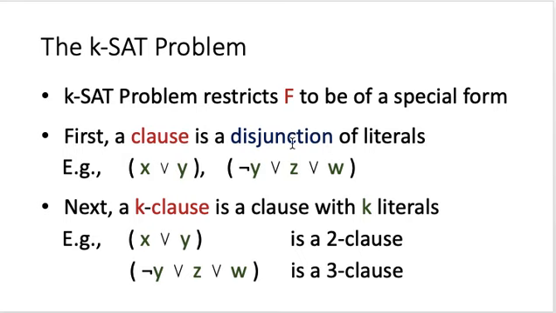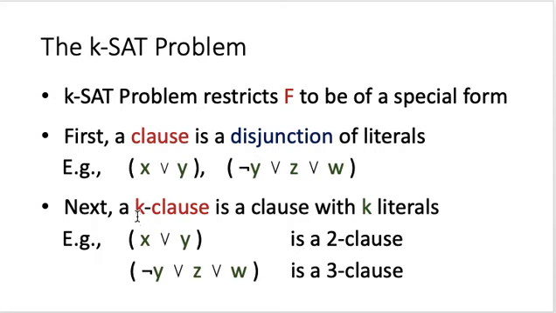So disjunction means or together. So x or y is a clause, not y or z or w is a clause. So we have variables or literals, we call it, because it's the negation form of a variable. Another literal, another literal. So when they are all together, they form a clause.